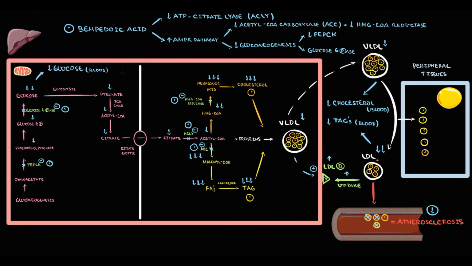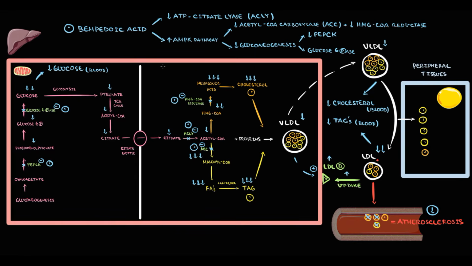So by prescription of bempedoic acid, we can decrease the concentration of LDL and VLDL lipoproteins, we can decrease blood cholesterol and triglycerols level, and all this combined will significantly decrease the risk of atherosclerosis.